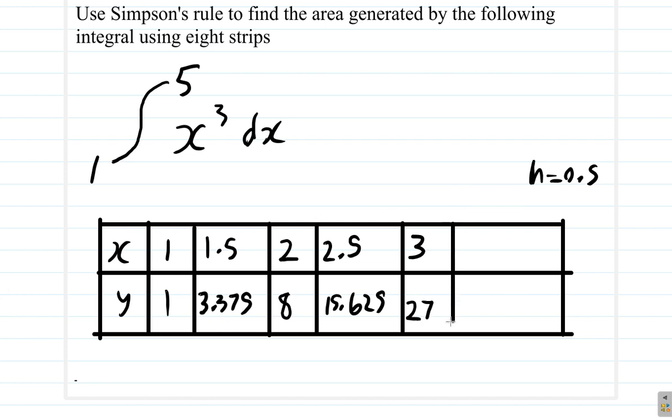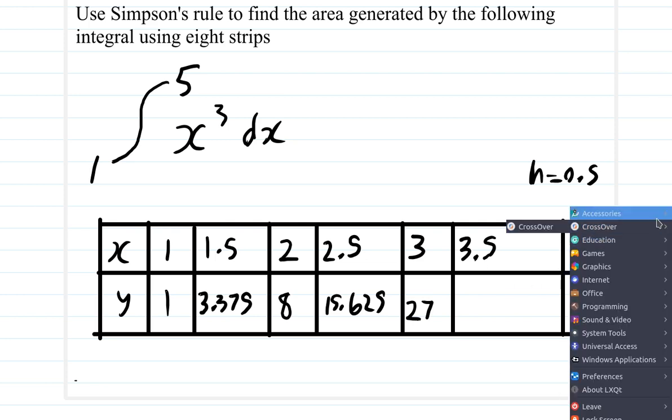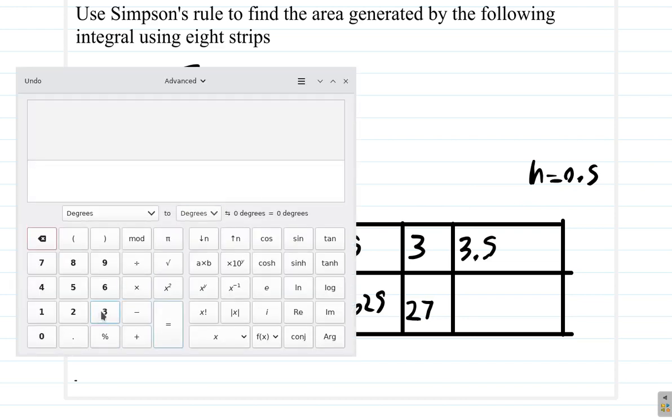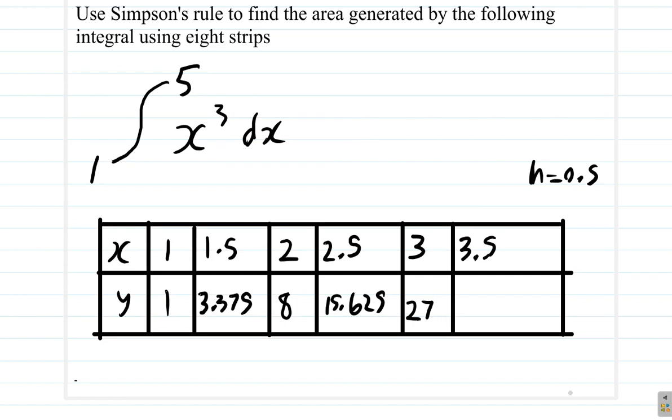Then the next value is 3.5, and we calculate 3.5 cubed.